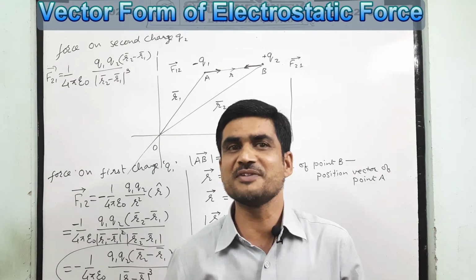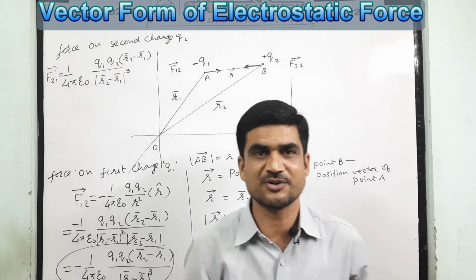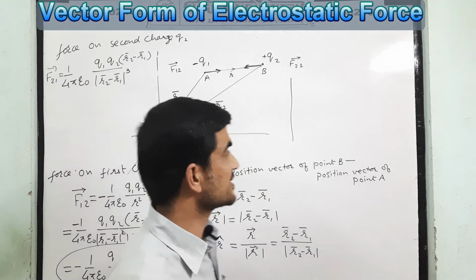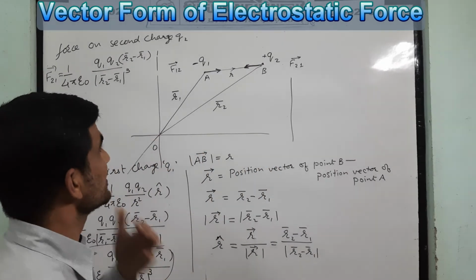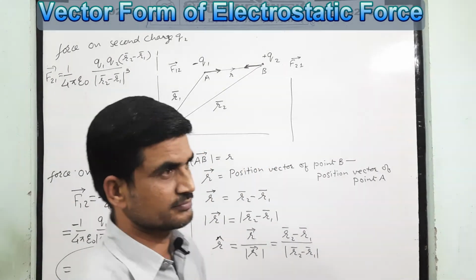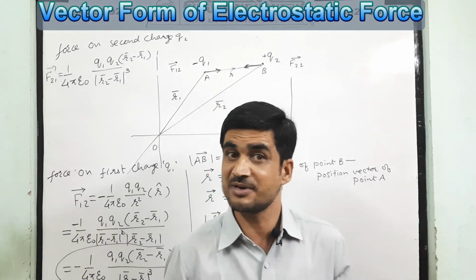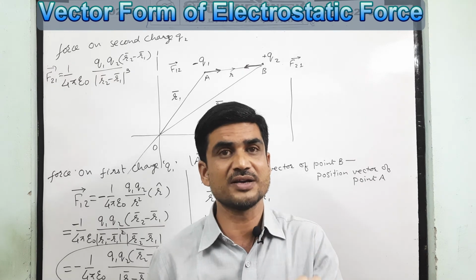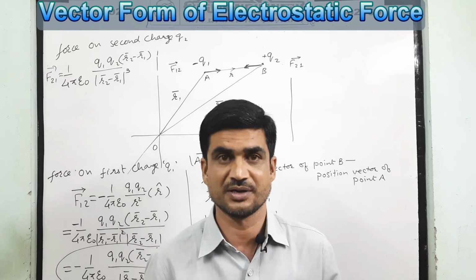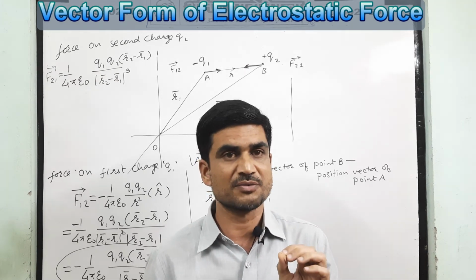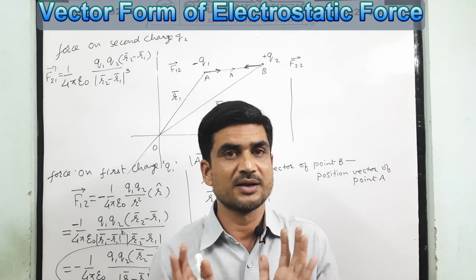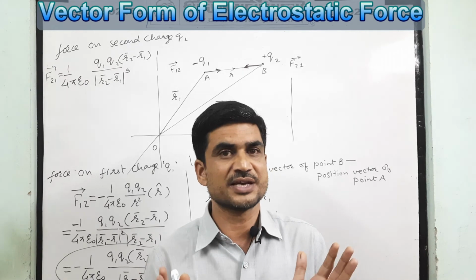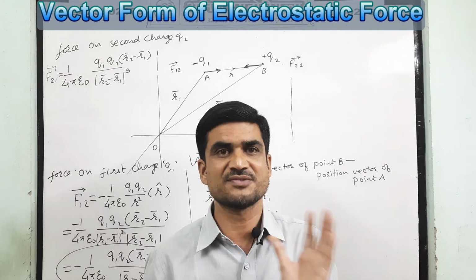Now we will discuss some very interesting fact about the forces. As you know, it is generally said that these two forces are equal, but it is incorrect. These two forces are equal only in terms of magnitude. When you have to equate two vector quantities, they should have equal magnitude as well as the same direction.